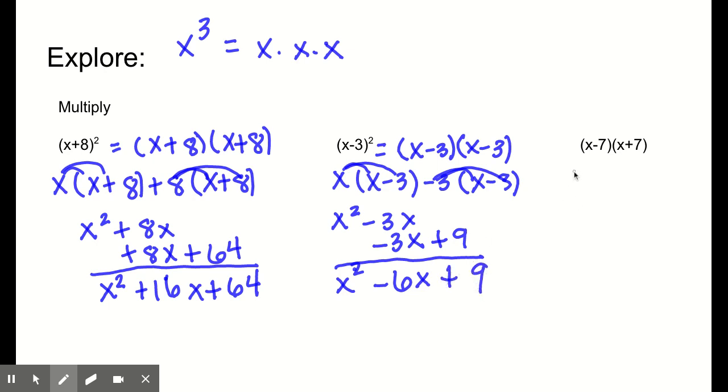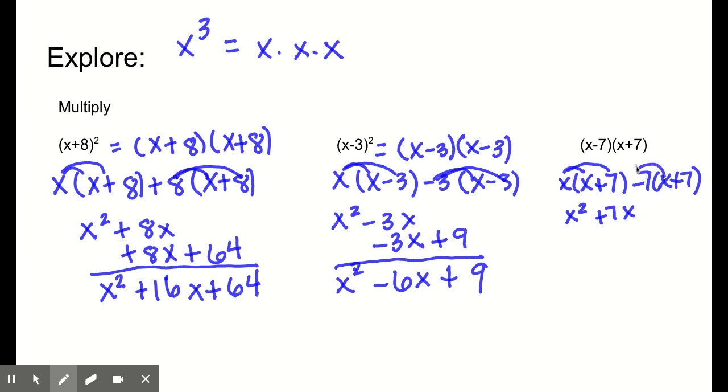And then for this last one, I'm going to break apart this first binomial and distribute it to the second. So that's x times x plus 7 minus 7 times x plus 7. When I distribute, I get x squared plus 7x.